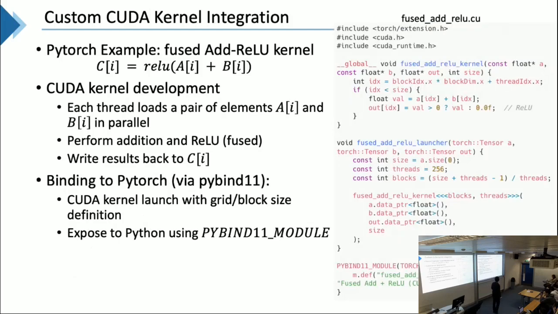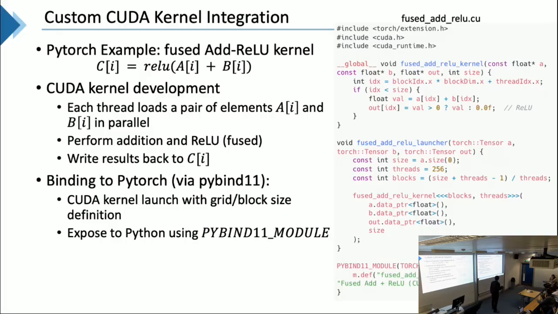Let's start with the CUDA kernel integration. So this is an example. For example, we try to implement our fused addition and ReLU kernel. After we learned our last module, this is very simple, right? We map the thread ID and the block ID into the index, and this index will be used to access different data in our matrix. And after we define this kernel, we need to define the kernel launch.